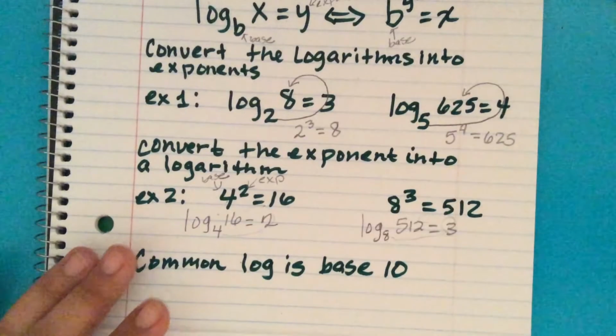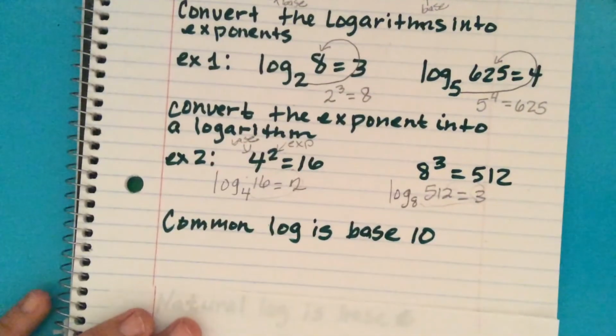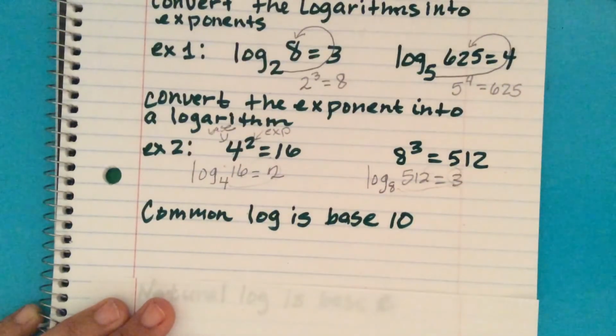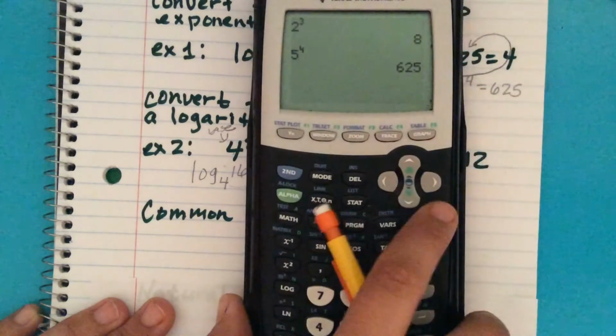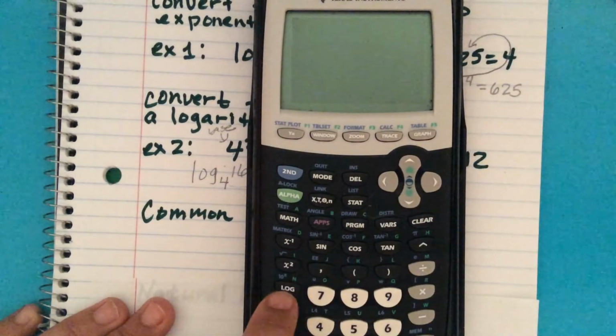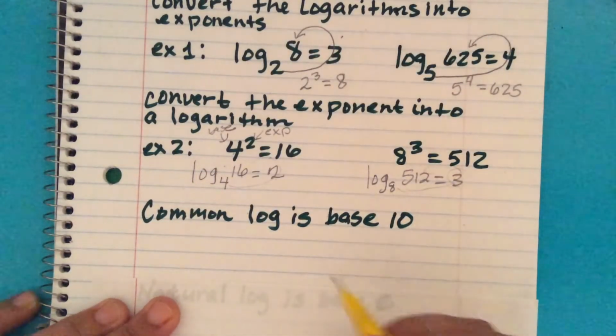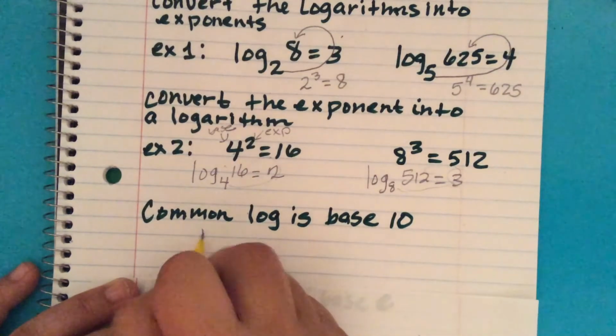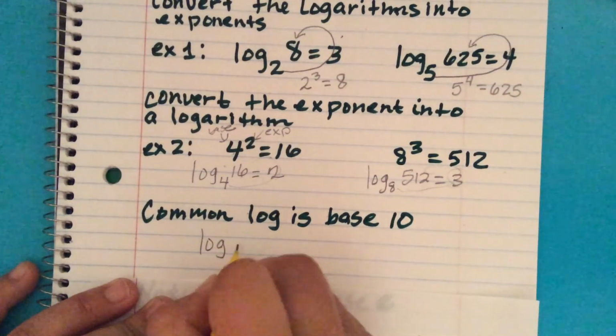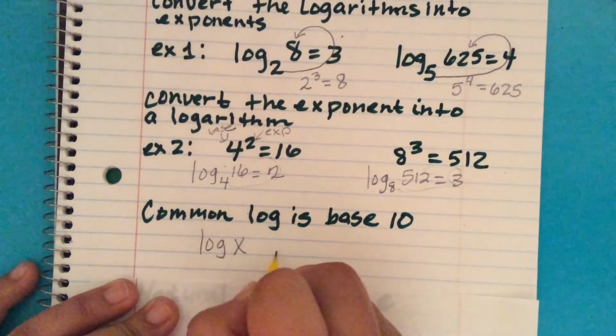Now let's talk about the common log. The common log is base 10, and that's the logarithm that you see right here on the calculator. And so the common logarithm, you're going to see it as log of x.